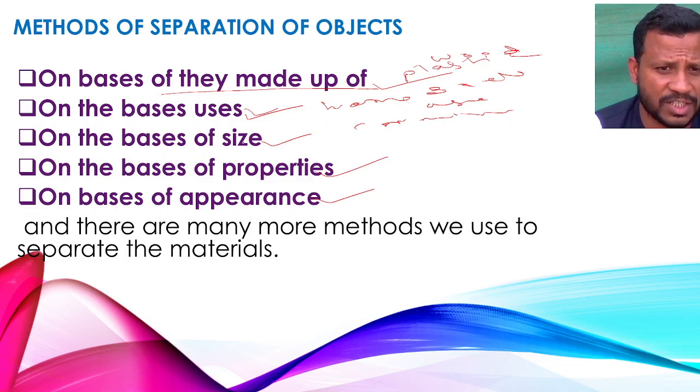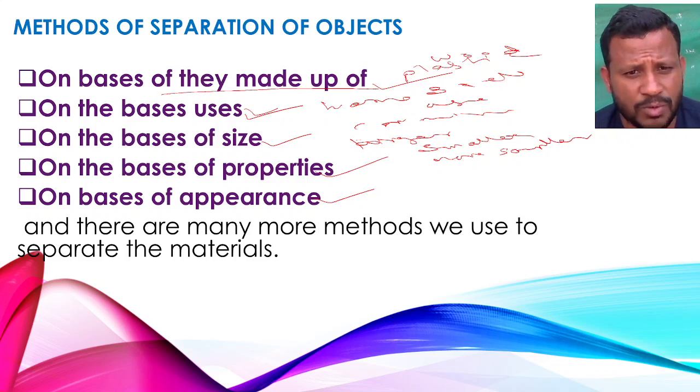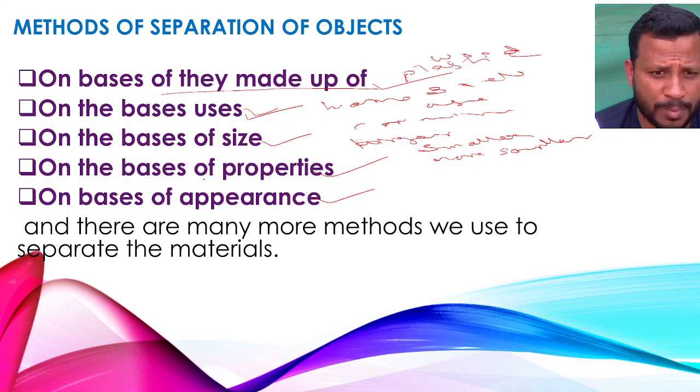According to their sizes, some materials are larger in size, and some are smaller, even smaller than that. According to these sizes, we use the materials in our day-to-day life. Then according to properties, we divide the materials according to their property.